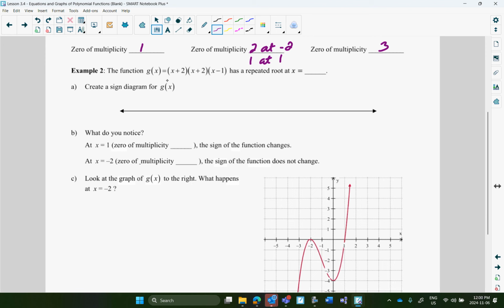So the x-intercepts are -2 and +1. And it repeats at the x-intercept -2. If we do a sign diagram, that's when we just draw the x-axis, the intercepts. That's what they call it.